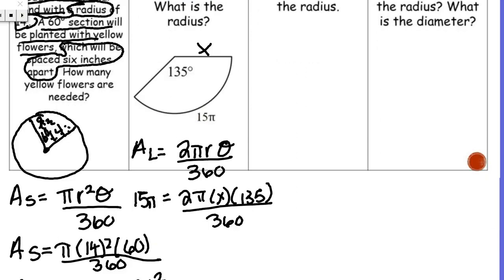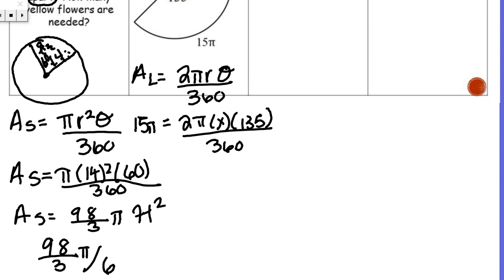So here the x is on the wrong side, and I'm going to erase this information right here so I have my little space.